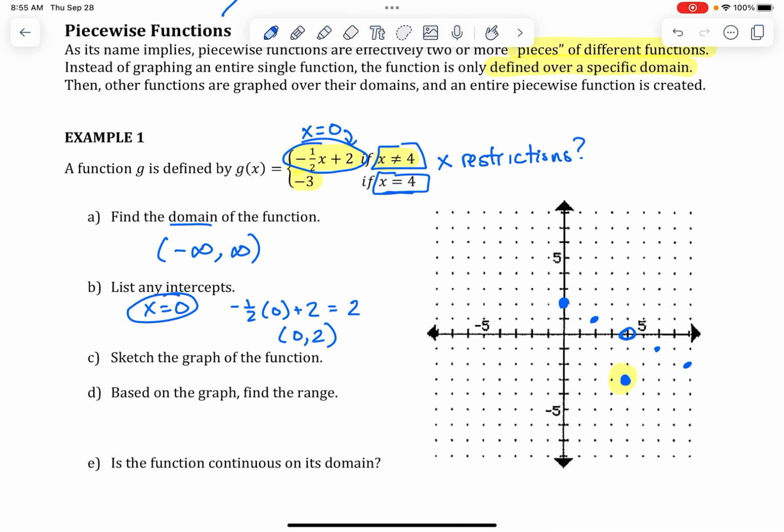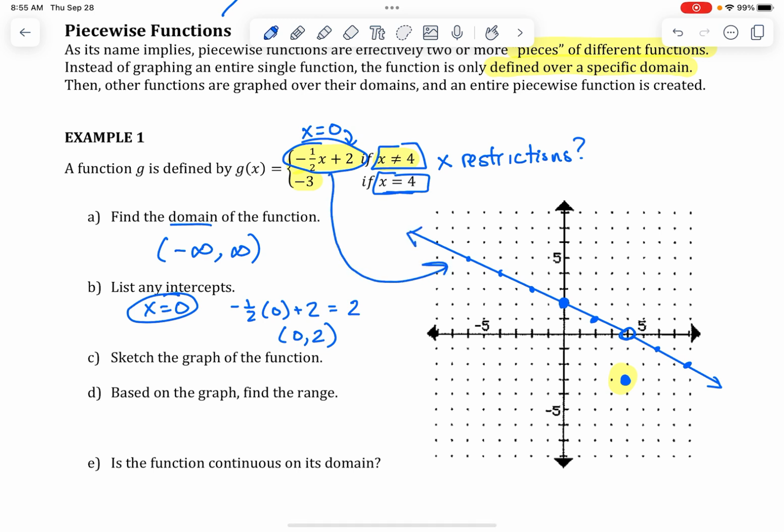So you can still keep going with your plotting of your slope and connecting the points, but you're going to have a stop. So you have this part of the graph, which is there, but you're not going to have a point there at 4. So I'm going to continue my graph going up this way, and hopefully I'll get a kind of a straight line there, and there's my function.